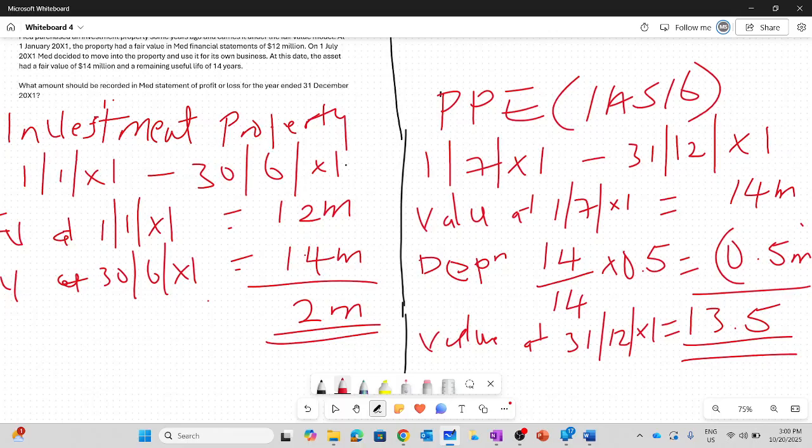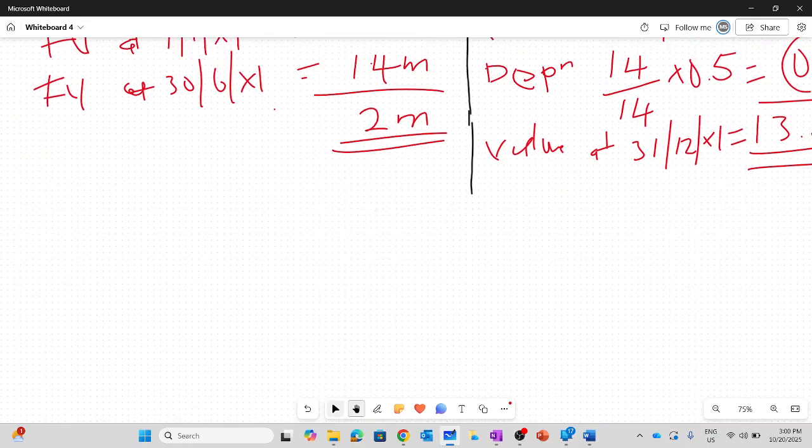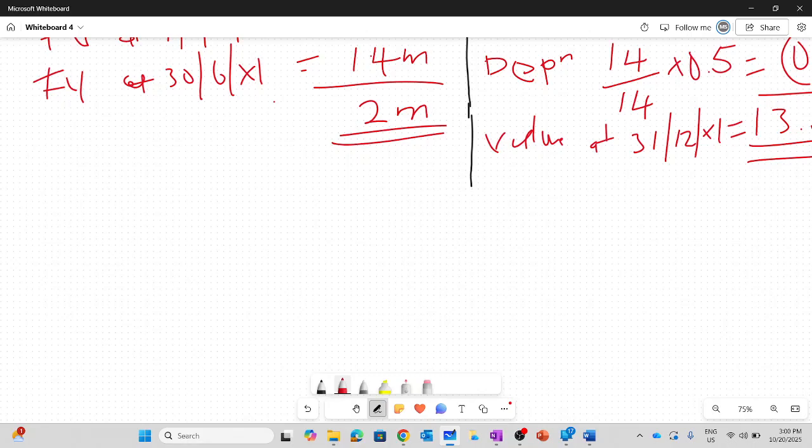So now the requirement stated what amount should be recorded in the statement of profit or loss. So now we are going to take only the items that are related to profit or loss.